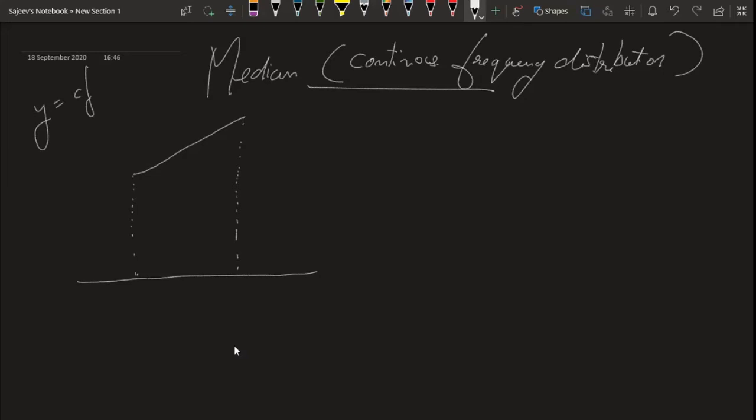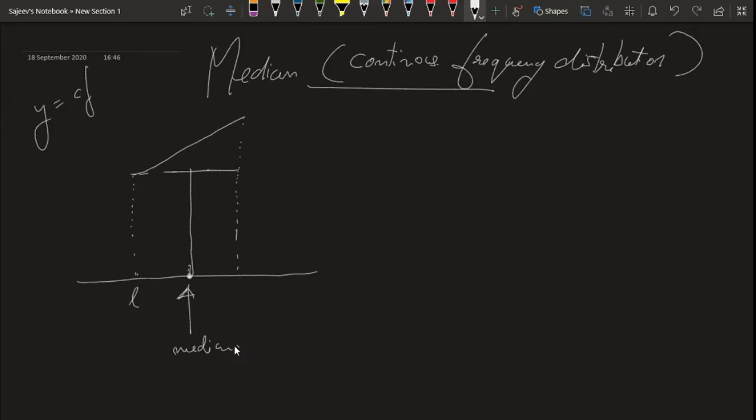Let me draw this as a triangle, and the middlemost point is most likely to be our median, right? This is the median, and this interval is my median class interval.